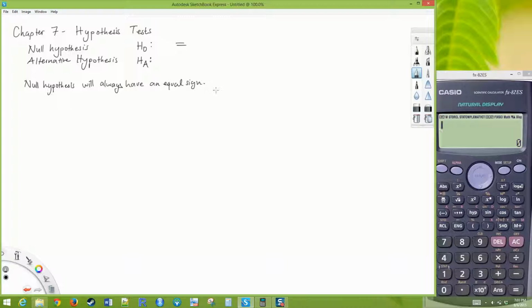And that's because when we look at data, the data is always presented in a way so that it can be used to support the alternative hypothesis. The data is never used to try to support the null hypothesis. It's always used to try to support the alternative hypothesis.